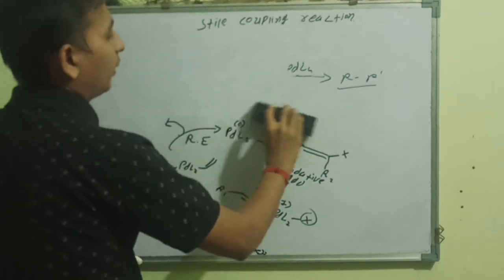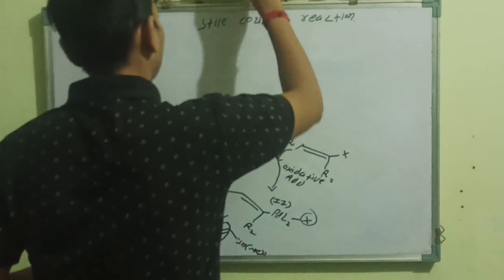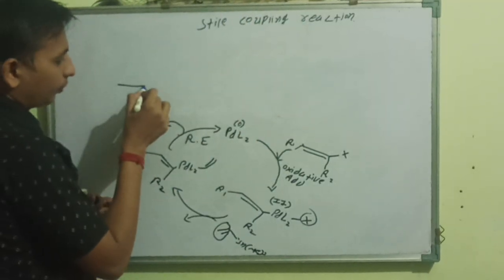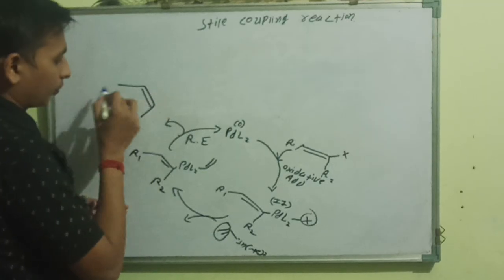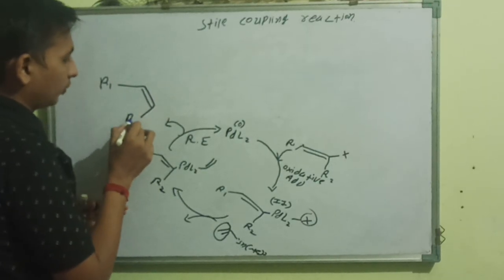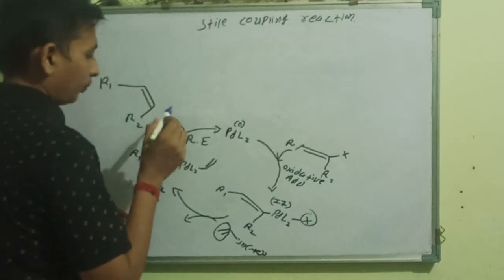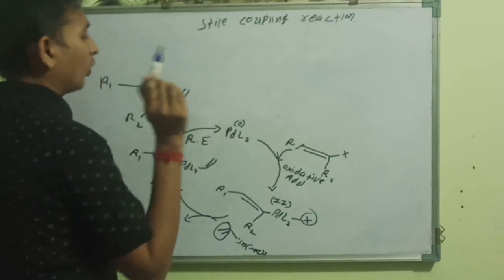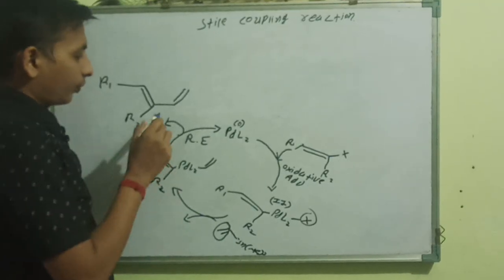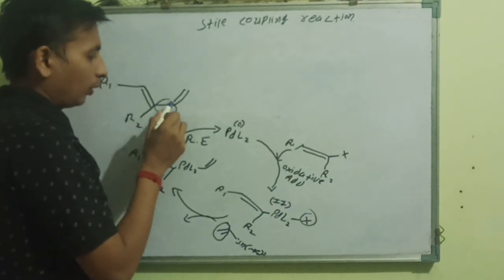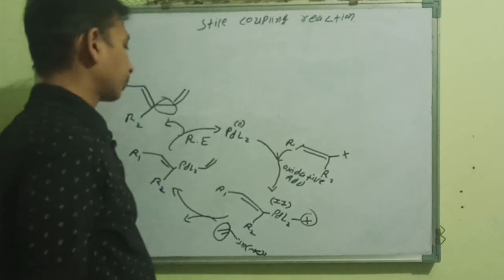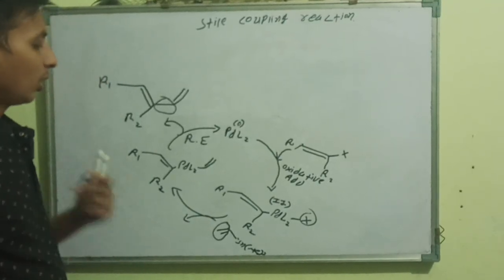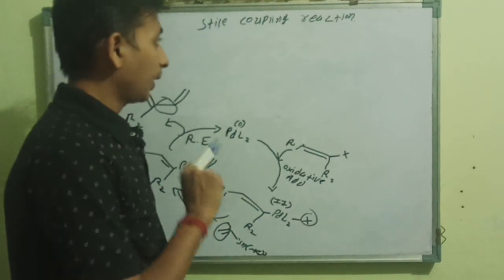From R1 and R2, that is the product with a new bond formed. So this is the Stille coupling reaction mechanism.